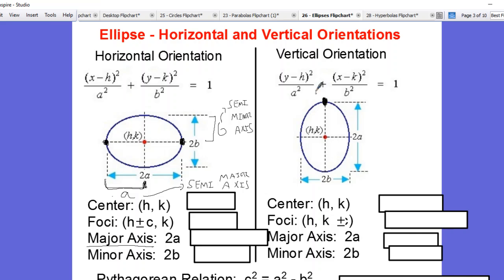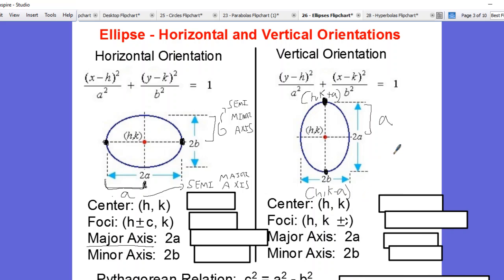So for this vertex, the x value is still h, but the y value is k plus a. So it's (h, k plus a). And here the vertex is (h, k minus a).